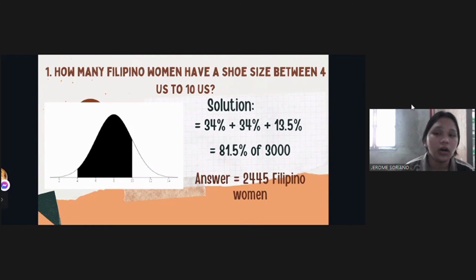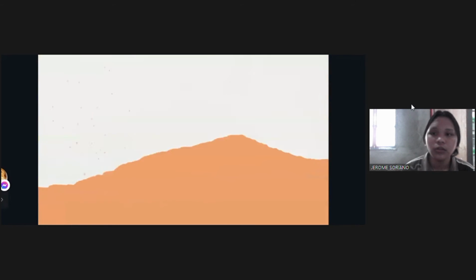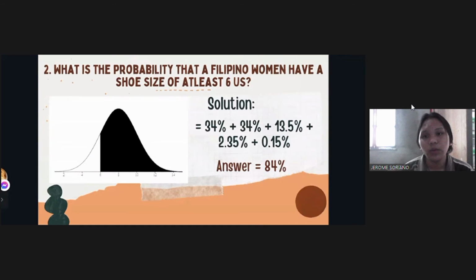Let's move on to question number 2. What is the probability that a Filipino woman has a shoe size of at least 6 US? So meaning, the part we shade should not go below 6 US. Let's get the equivalent percentage.